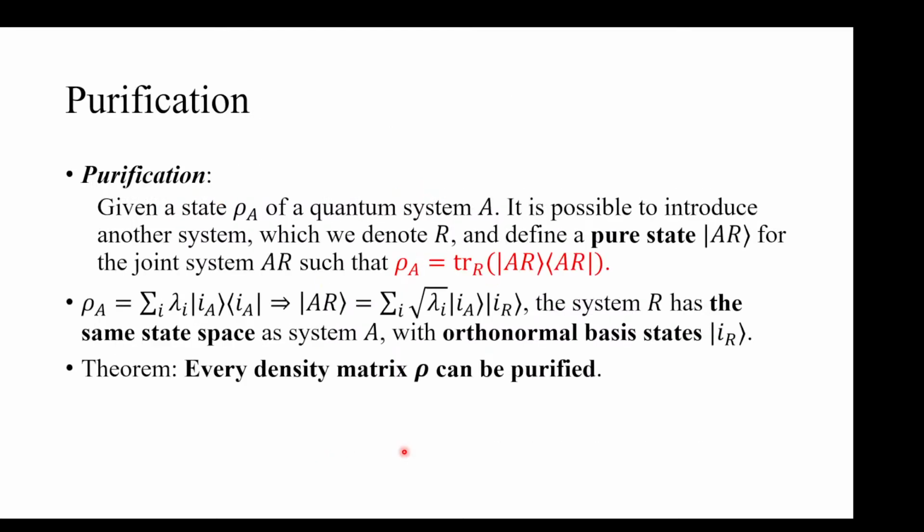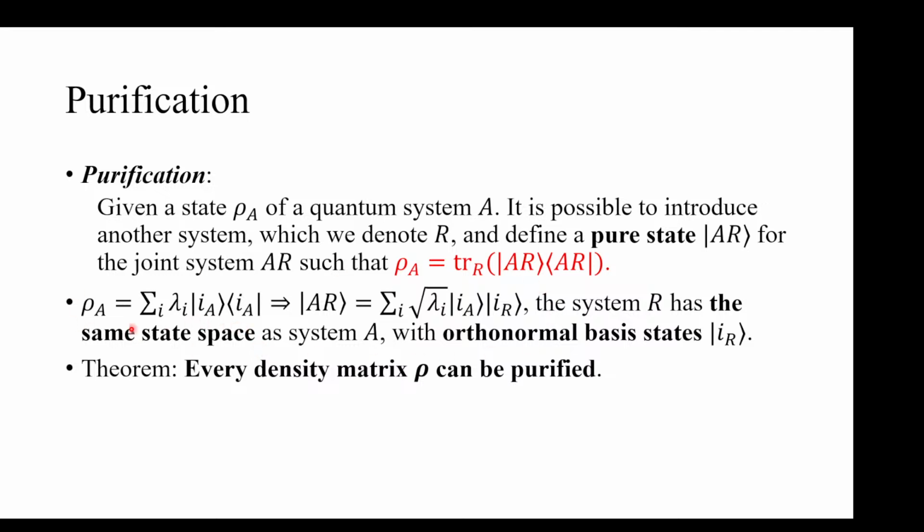Okay, and then we have the reverse of taking partial trace, which is purification. If you have some density matrix rho A on system A, then you can always find another system R and find a pure state AR such that rho A equals trace over R of AR.